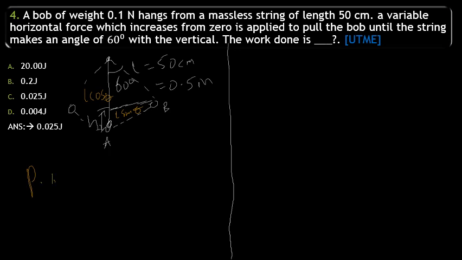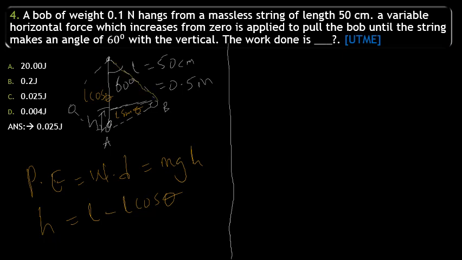Okay, so potential energy will be equal to the work done in raising this pendulum bulb from the mean position A to height B. So work done will be equal to mgh, but h will be equal to L minus L cos theta. Remember that the total length here is still the same thing, from here down to this place.